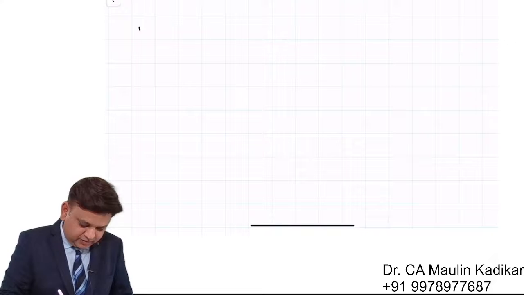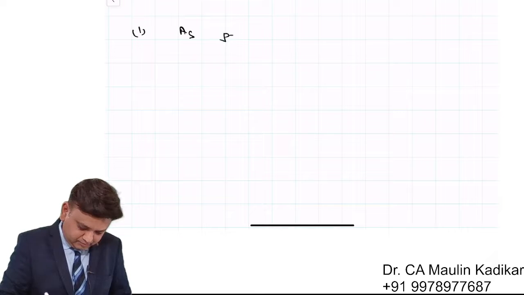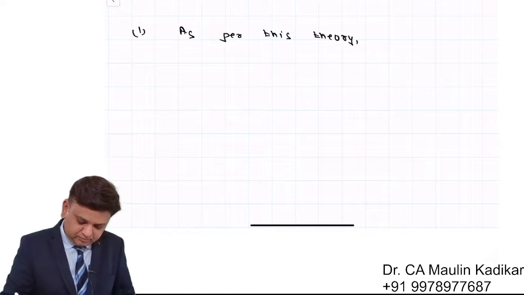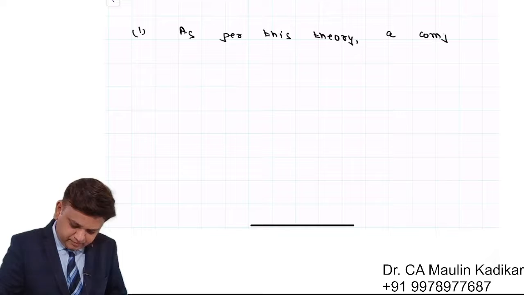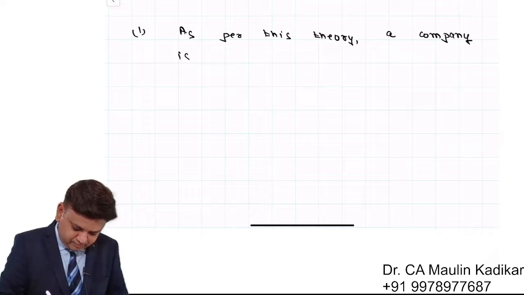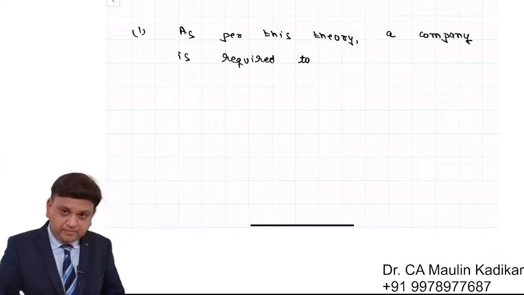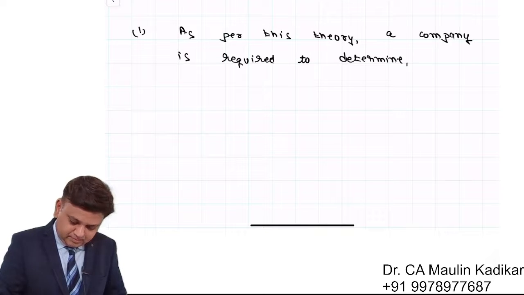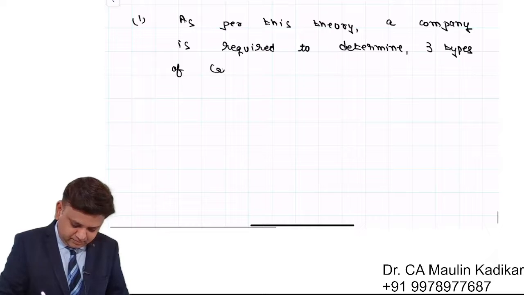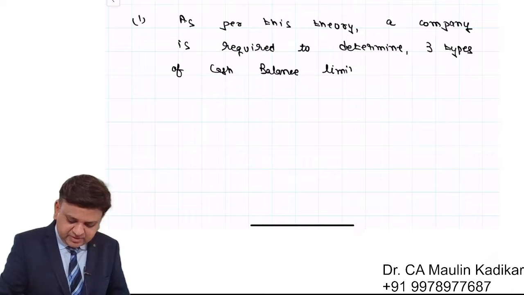First point. As per this theory, a company is required to determine three types of cash balance limits.